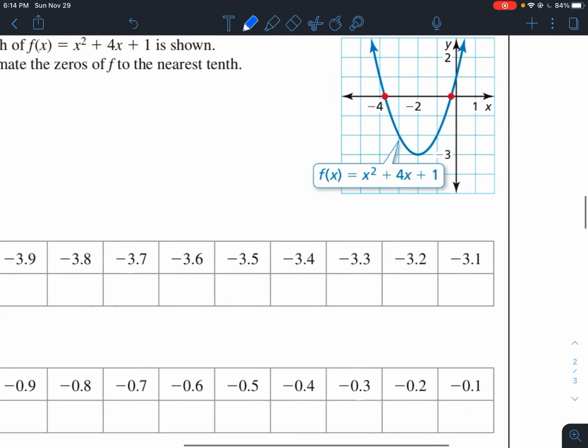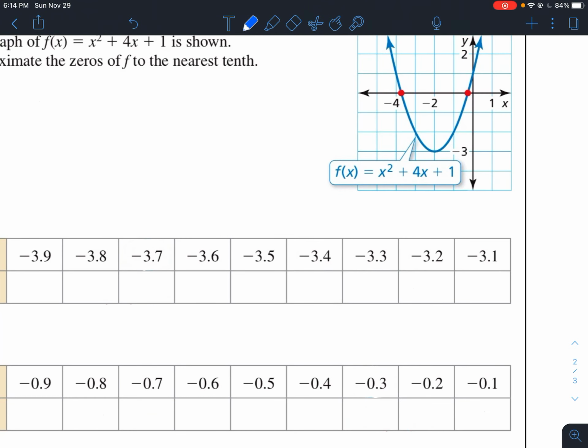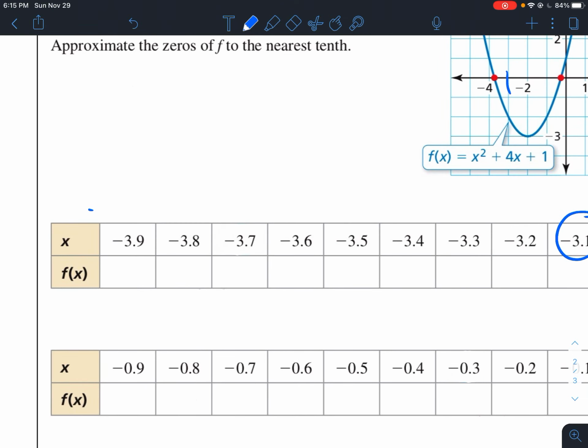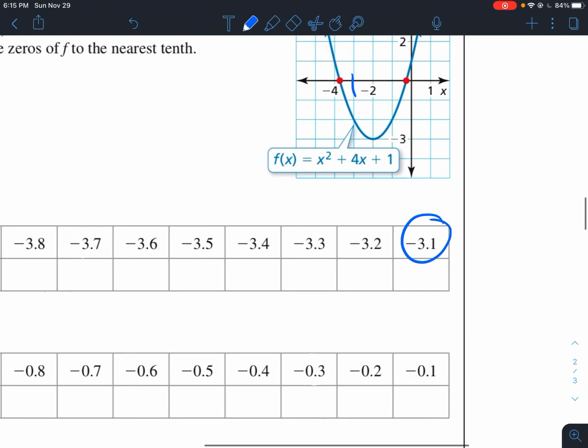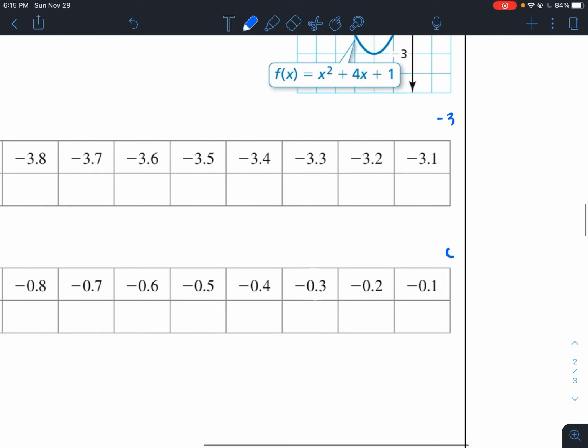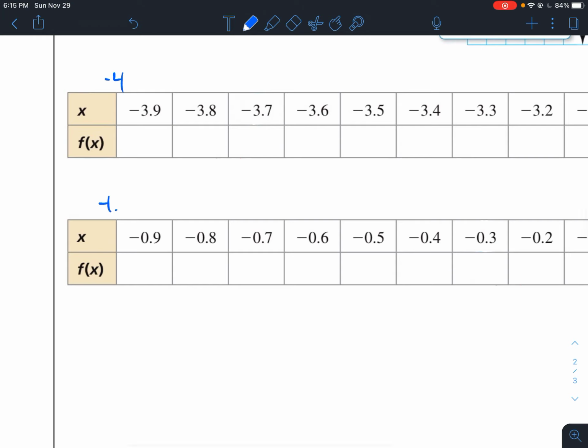But here we have these tables, so again we know that this one is between negative 4 and negative 3, so right here would be negative 4, here would be negative 3, so we have values between them. And over here this 0 is between negative 1 and 0, so this would be 0 and this would be negative 1, and these are all values in between them. To the tenth, right? We're counting by tenths.